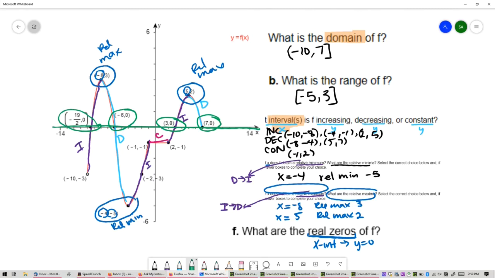And we're going to write those down separated by commas: negative 19 over 2, negative 6, 3, 7. This is another thing you want to pay attention to, of whether you're supposed to write them as ordered pairs or how I've just written them here. Check it out in that blank next to the blue writing next to the blank.